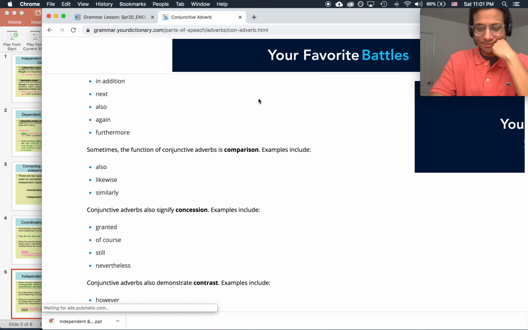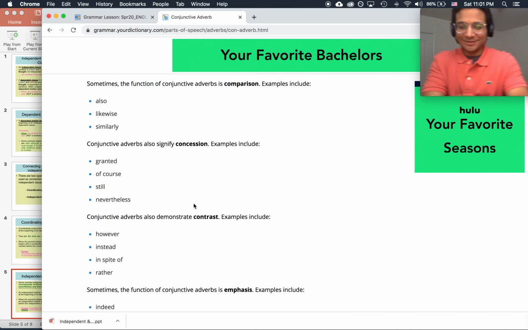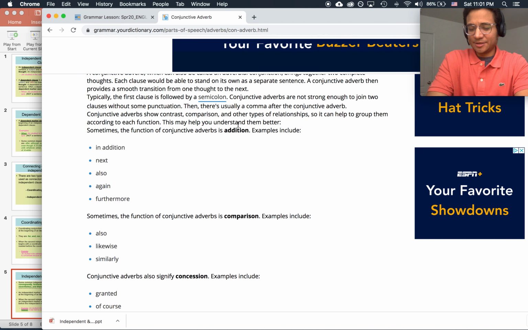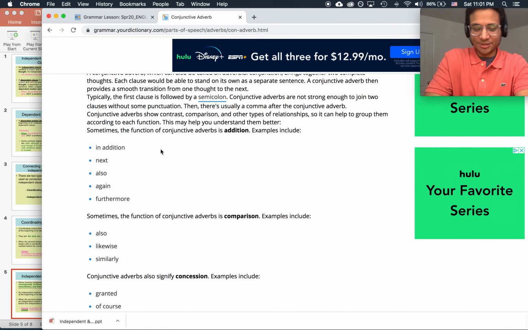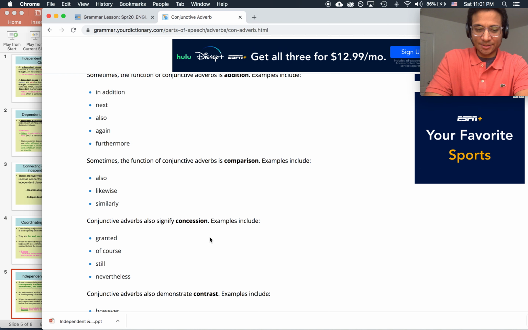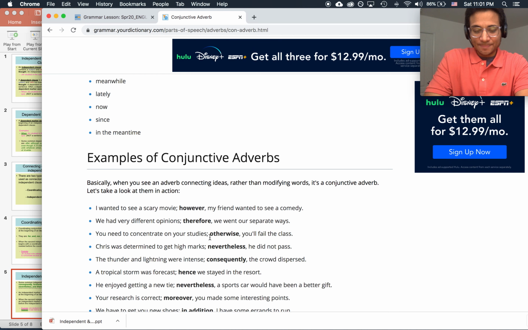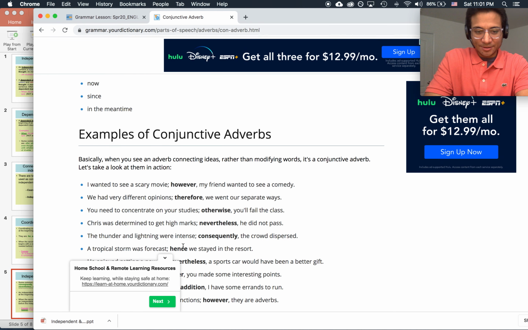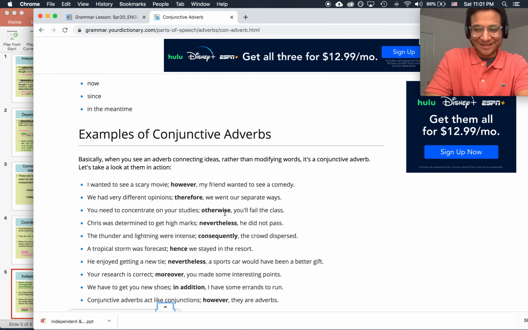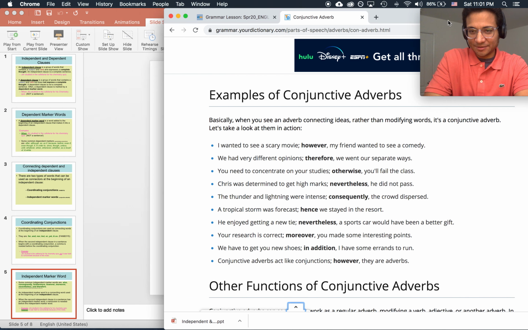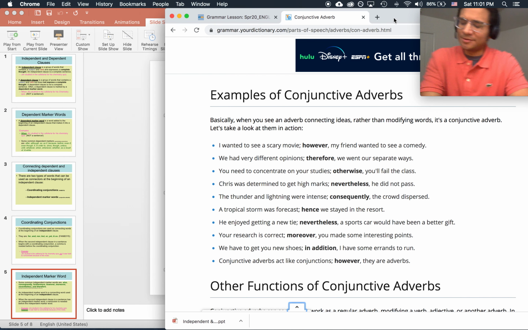So here are some other independent markers like addition, comparison, concession, contrast, emphasis, illustrate a point, summarize. But check it out. What they all have in common is that whole formula.